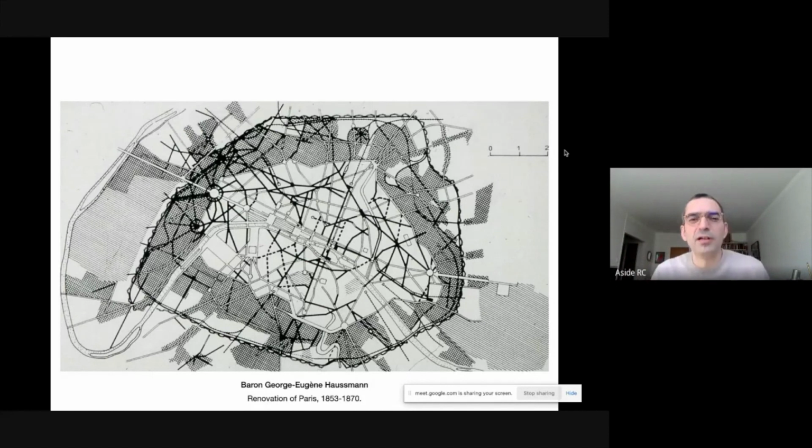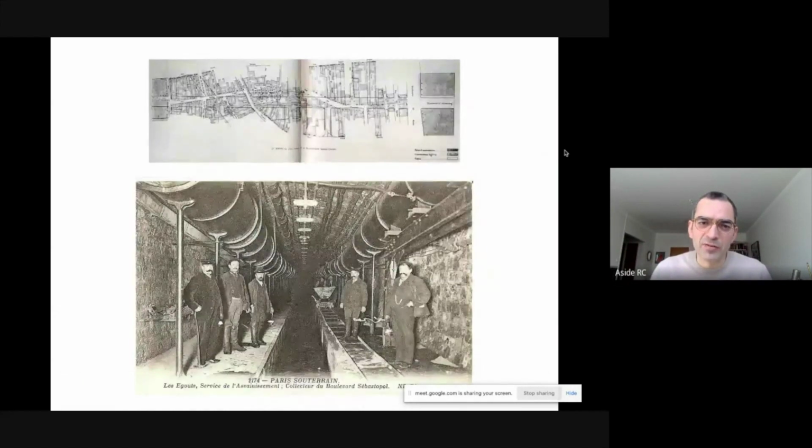So these were questions that were very present at the time, both in Paris and in Barcelona, where epidemics were quite common, and these modern plans that try to provide more healthy, open spaces for circulation, circulation of goods, circulation of people, but also circulation of air and water became really essential. So the underground space of the city becomes the fundamental infrastructure that allows a modern life to unfold on the upper space of the city, on the upper ground space.